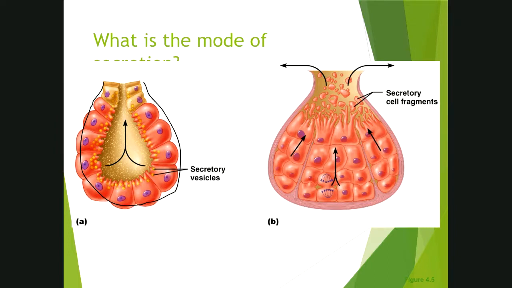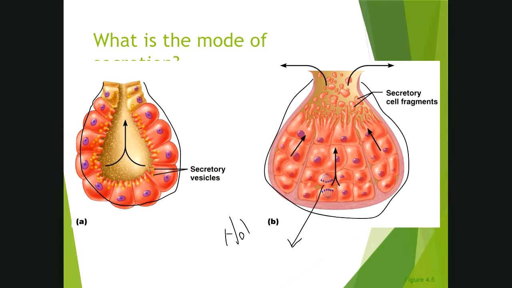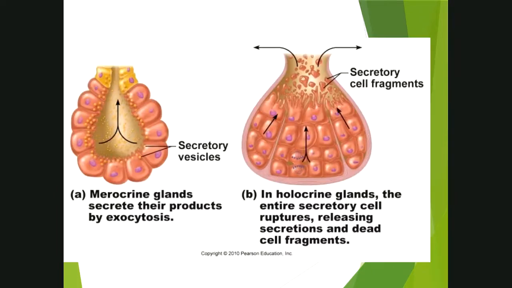Remember, the three shapes are tubular, acinar, and tubuloacinar. What shape does it look like? If we pick this one, remember it's holocrine, but it's also acinar. We can classify it both ways. Does that make sense to everyone?